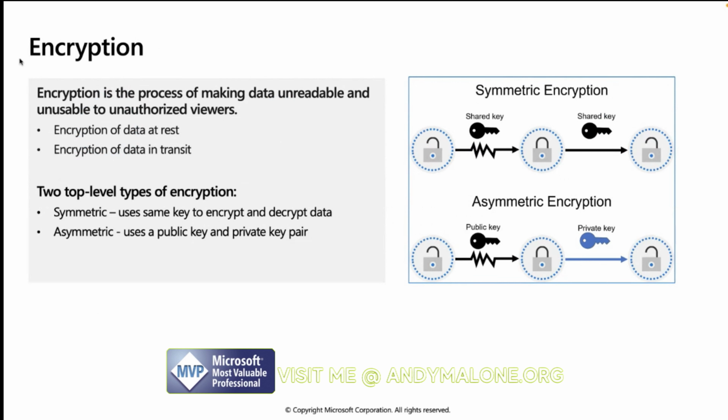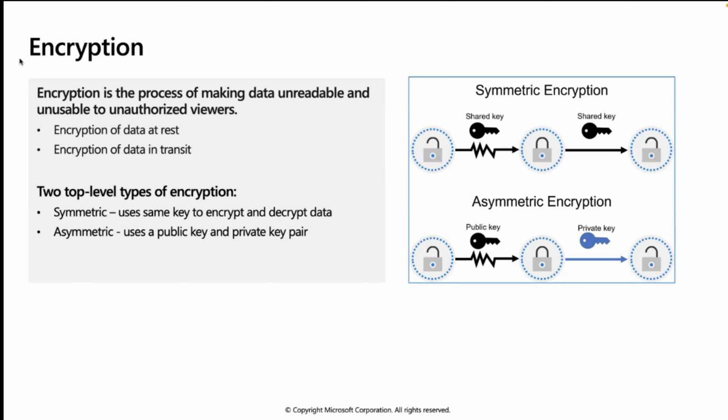How can I protect the data? Okay, encryption is a fantastic tool in order to protect data. So there are two types, well actually there are three types of encryption. You can use either symmetric encryption or you can use asymmetric encryption.